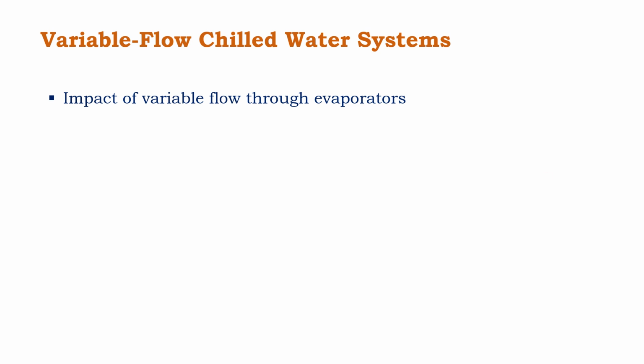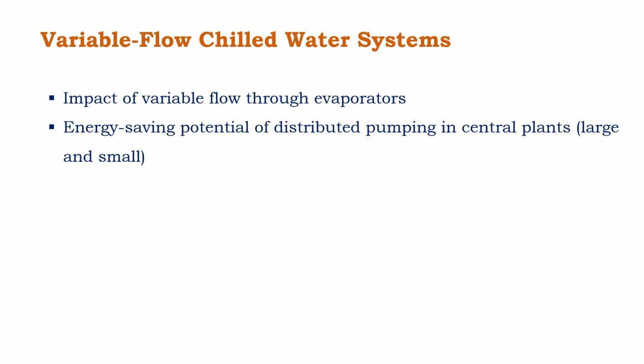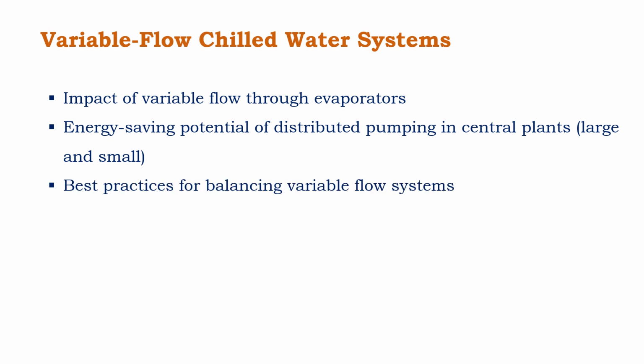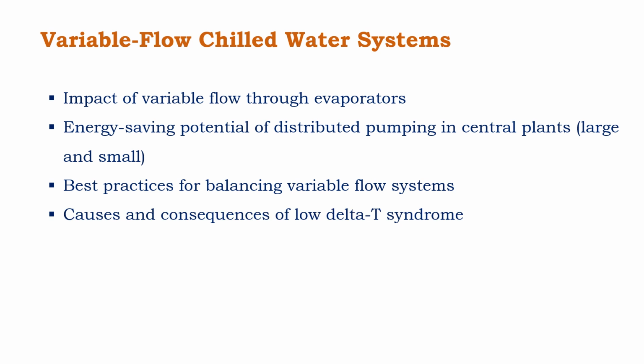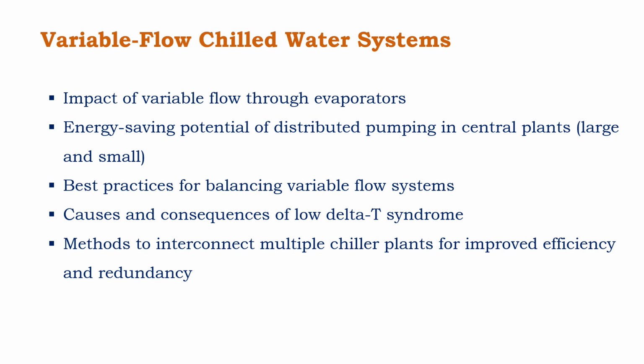In this video, we are going to understand the impact of variable flow through the evaporator, energy saving potentials of distributed pumping system in central AC plant, best practices for balancing of variable flow system, causes and consequences of low delta T syndrome in HVAC and R plant, and method of interconnecting multiple chiller plants to improve the efficiency and redundancy.